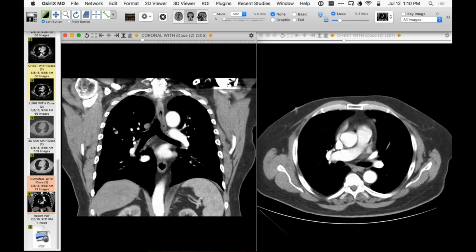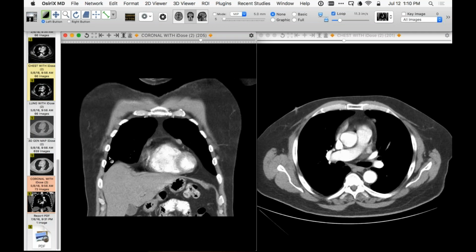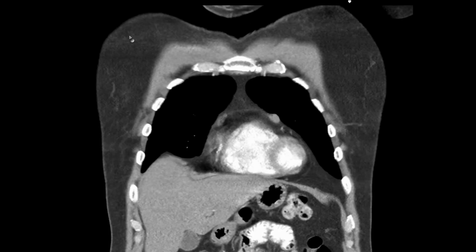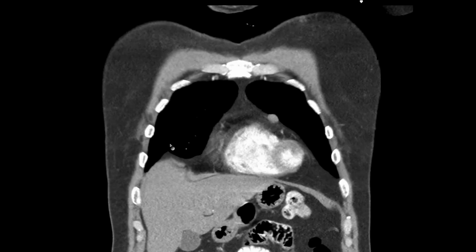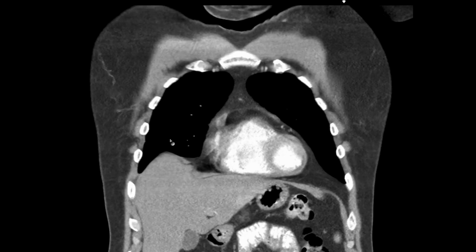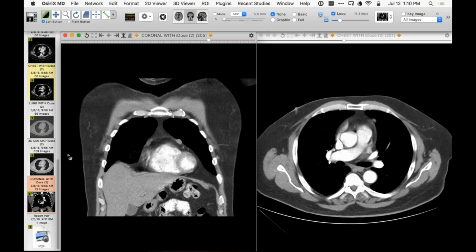I'm not sure. Well, I've got something there. Yeah, there it looks like it's more like pushing on the pericardium than actually deep to it. Yeah, that's right. It's not clearly deep to it, is it? Yeah, no, I think, okay. It was just the other thicker. Yeah. Okay. So just the incidental slow growth of a thymoma.